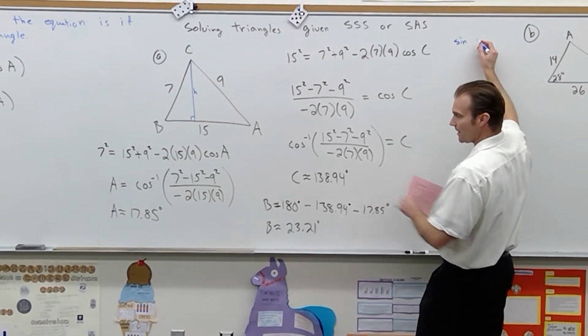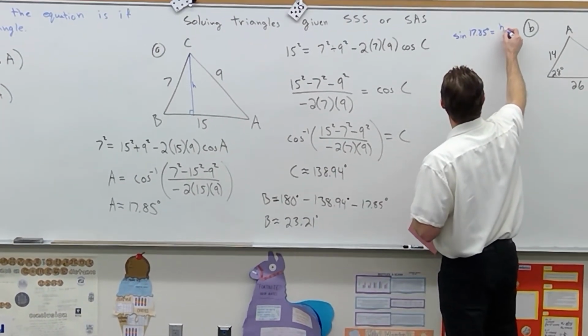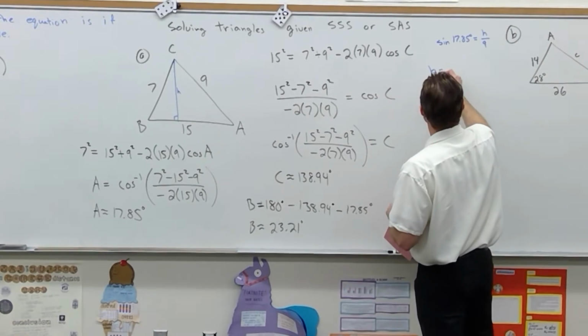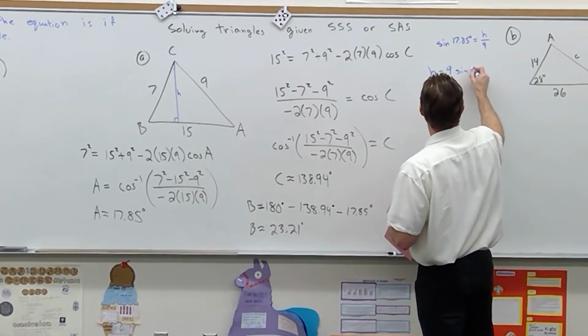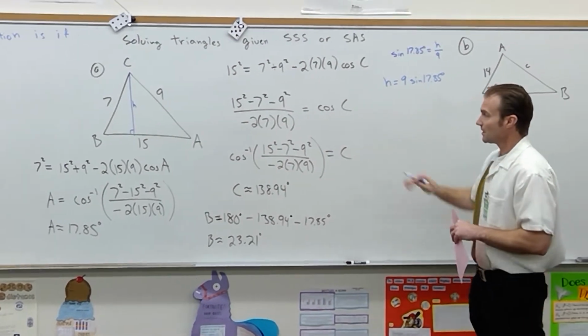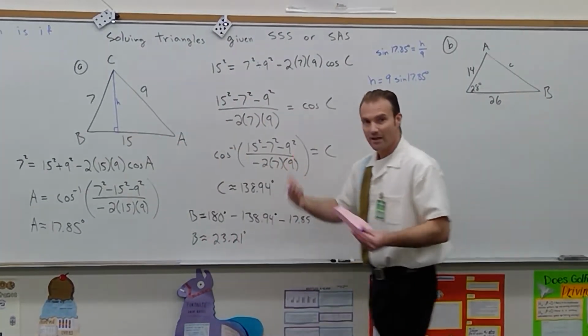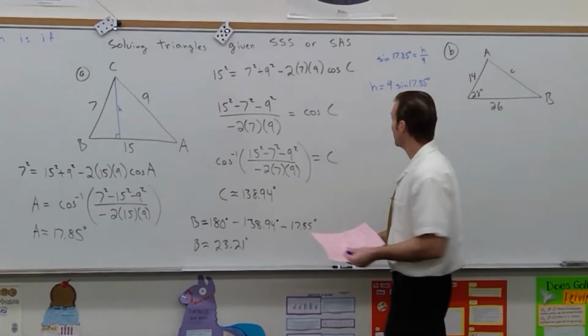And angle A I had over there. So my height is 9 times sine of 17.85 degrees. Multiply that by my base of 15. 1/2 base times height will give me my area.